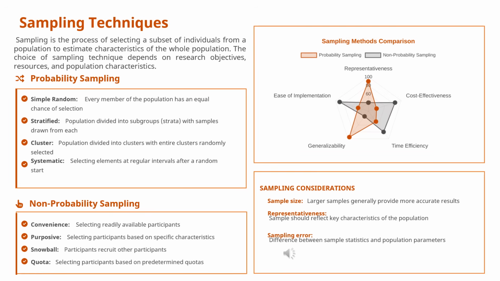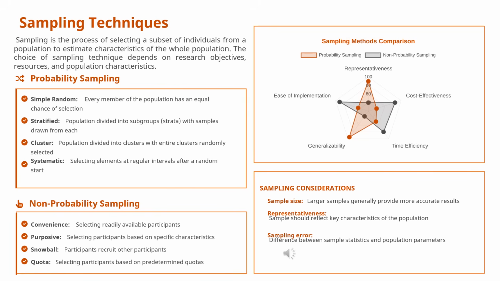Then we have quota non-probability sampling that involves selecting participants based on predetermined quotas. The choice of sampling technique will significantly impact the validity and generalizability of your research findings.